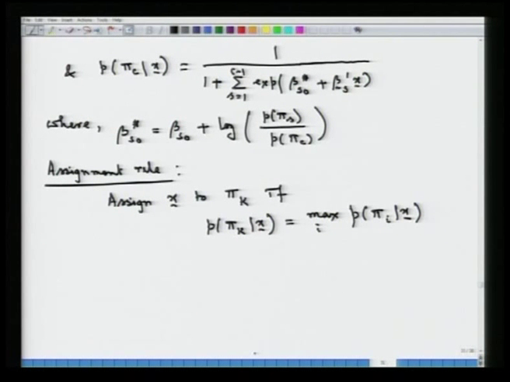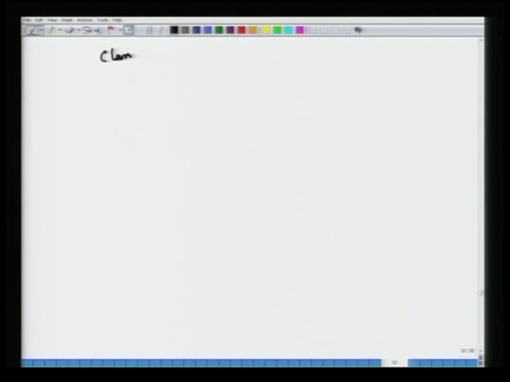Now, let us look at the following relationship, which is interesting: the reason why the name logistic discrimination comes at all. Let us look at the class conditional probabilities and expected response.